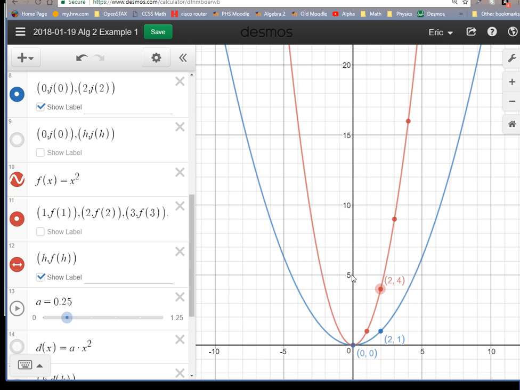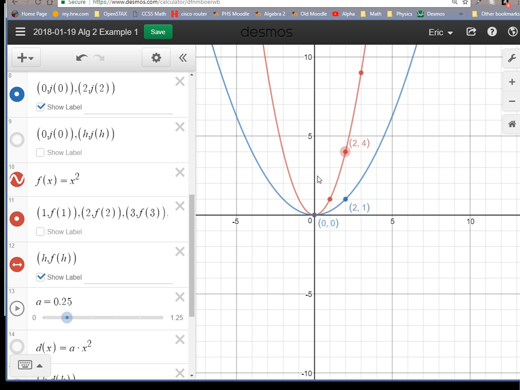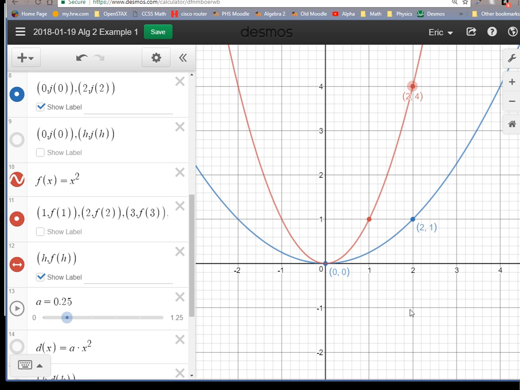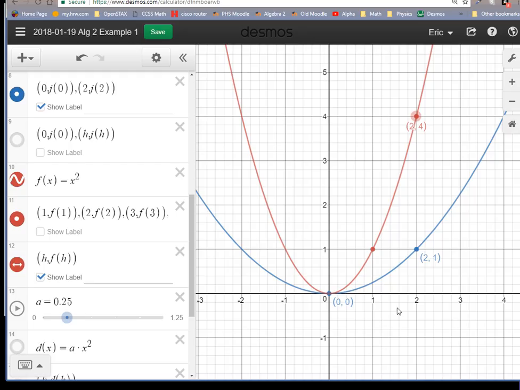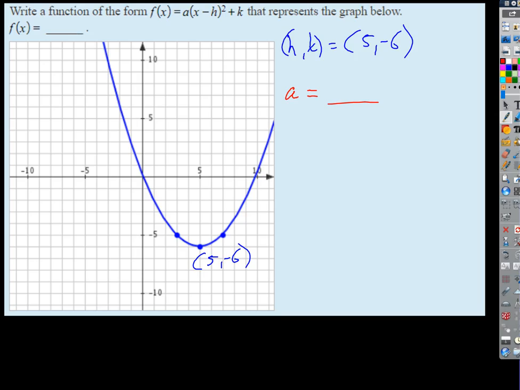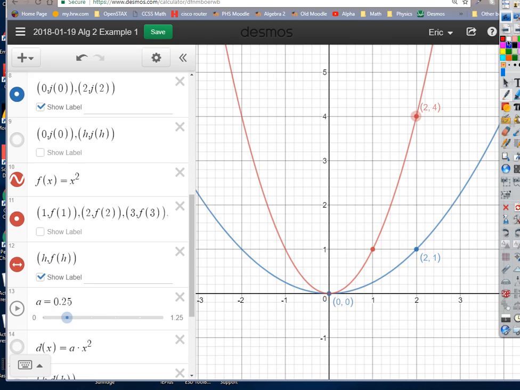So then you tell me now, what's the value of A? What's the value of A there? Is that positive 4? No, I think we start with the parent graph. We multiply the parent value times A to get the dilated value. It's 1/4, isn't it? It's 1/4, exactly.